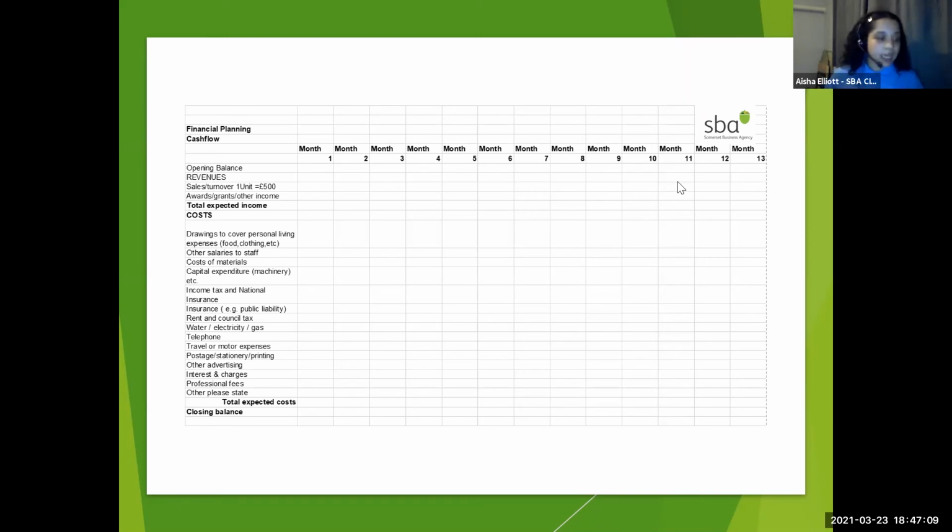So like I say, if you do want to complete one of these on the basis of guesswork, that's absolutely fine, and that will then help you to measure whether your business is meeting where you anticipate or expect that it might be on a month-by-month basis.